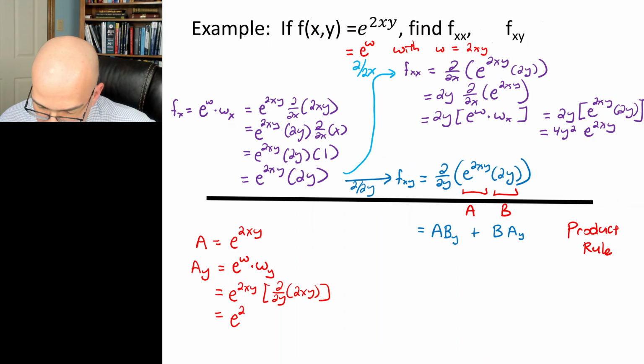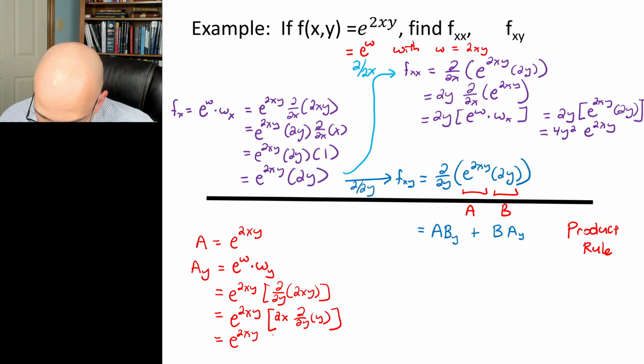So e to the 2xy times, take the 2x out front, now the y derivative of y, so we get e to the 2xy times 2x. That's our a sub y piece.